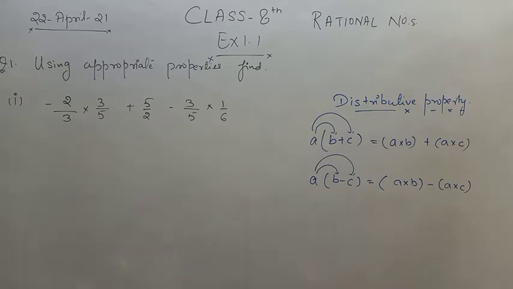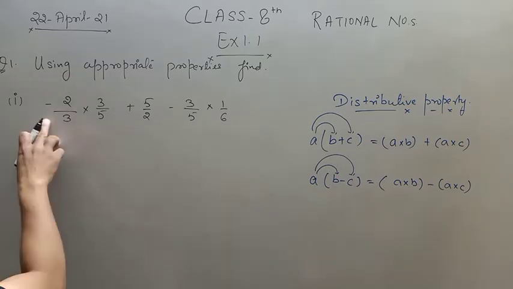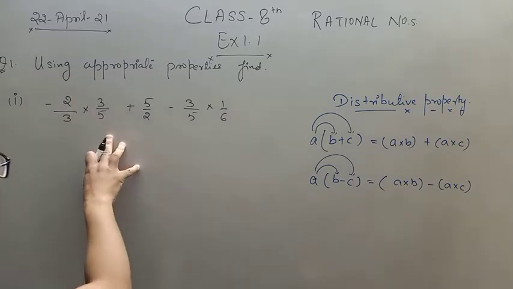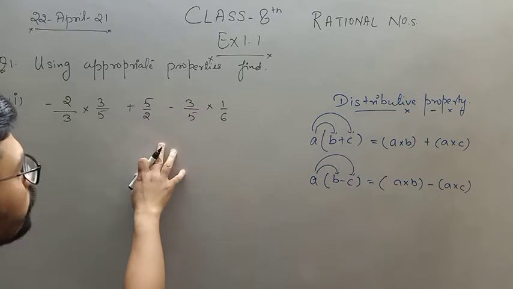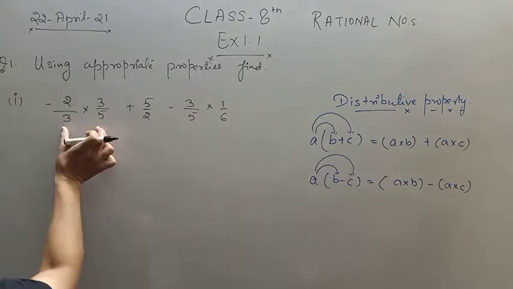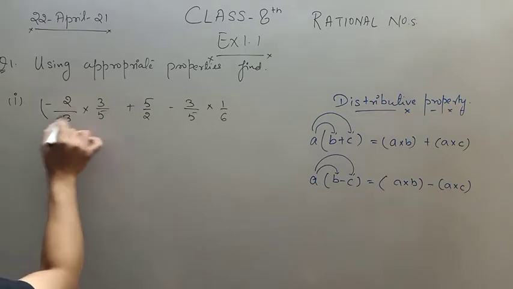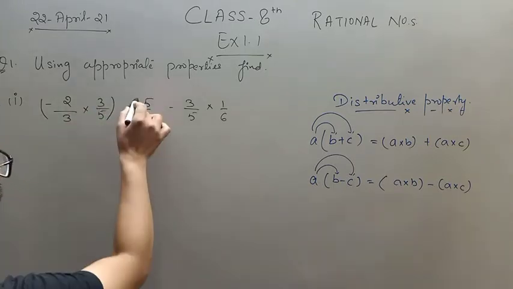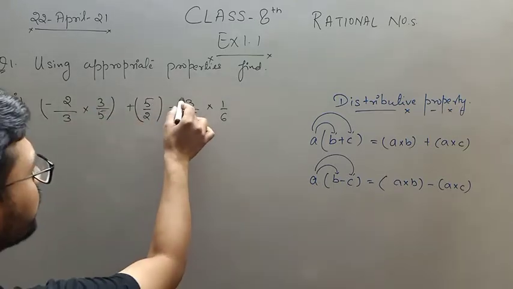Let's start the first question. What the first question says is minus 2 upon 3 multiplied by 3 by 5 plus 5 upon 2 minus 3 by 5 into 1 by 6. So basically 3 units are there, right? One is, I can write like this, and I can write like this.